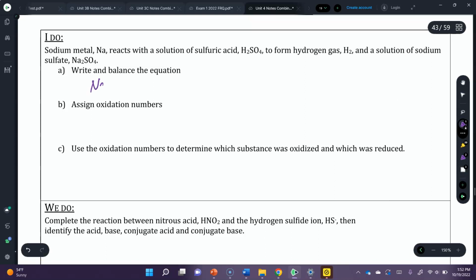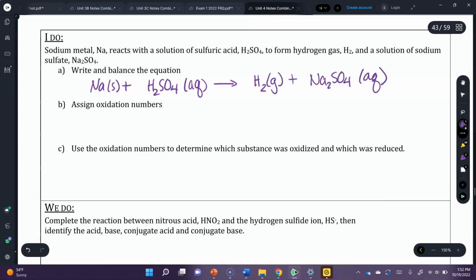Following the question, sodium metal, we can assume that that is a solid, reacts with a solution of sulfuric acid, H2SO4, and since it says solution, I can say that that is aqueous. And it forms hydrogen gas, so H2 gas, and a solution of sodium sulfate. Since it's a solution, we can write aqueous.